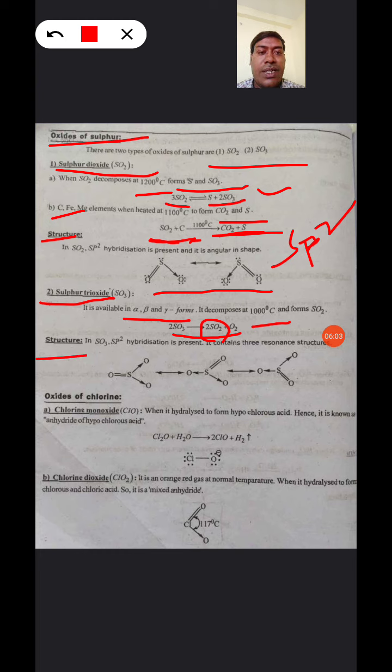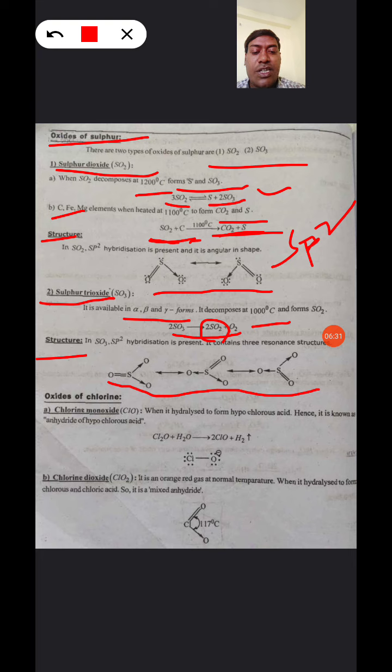The next, this is the structure. Generally SO3 undergoes sp2 hybridization and it contains 3 resonance structures. So these are the resonance structures of sulfur trioxide.